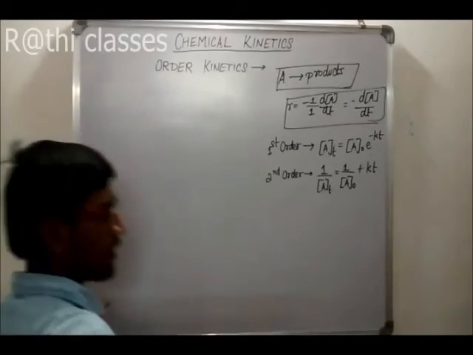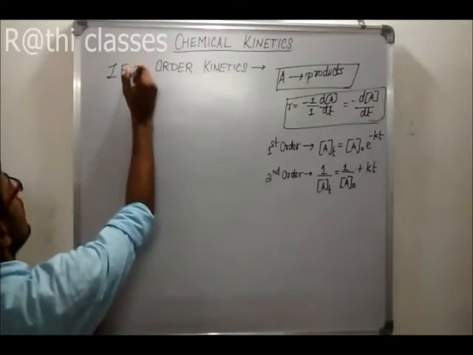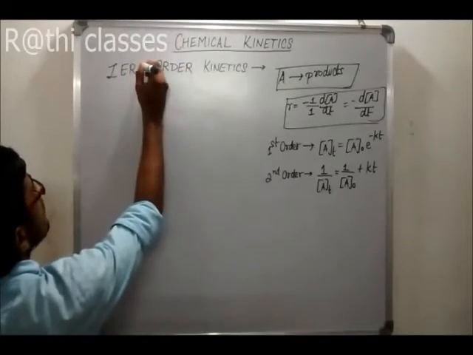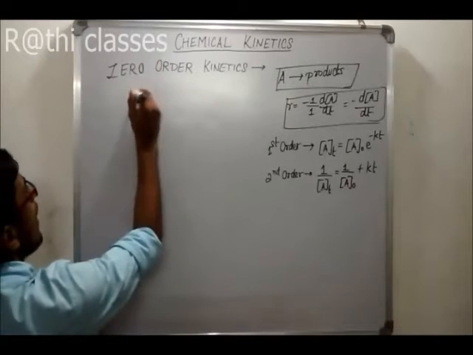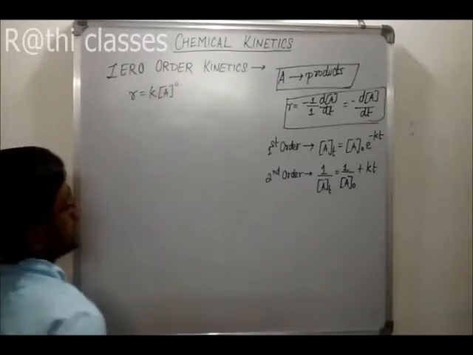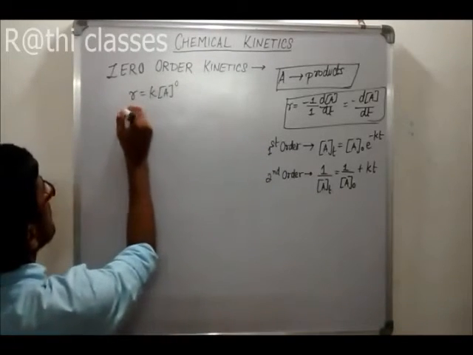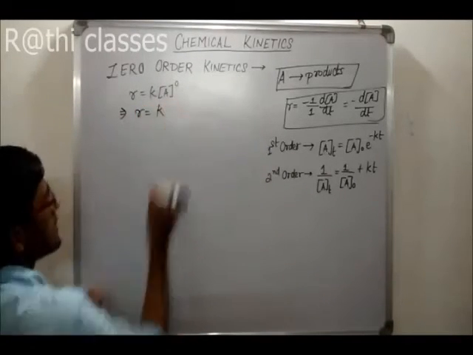For the zero order kinetics, using the similar procedure, we solve. R is equal to k a to the power 0, or I can write it as R is equal to k simply.